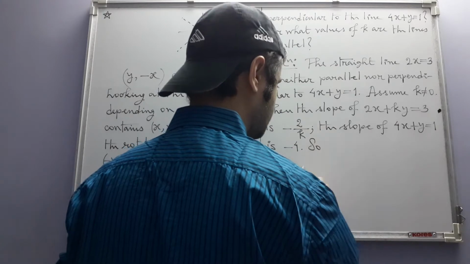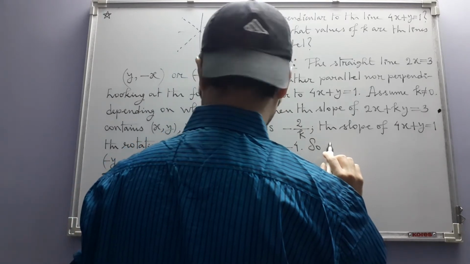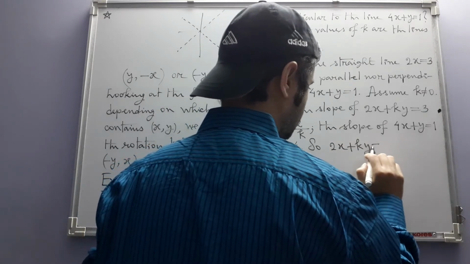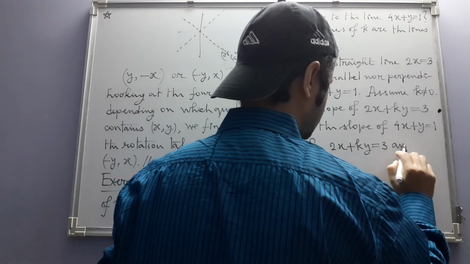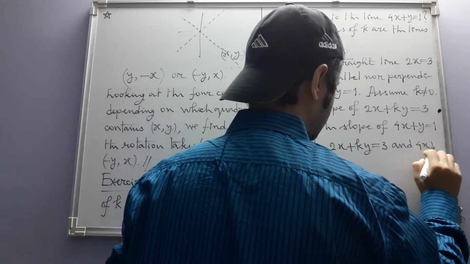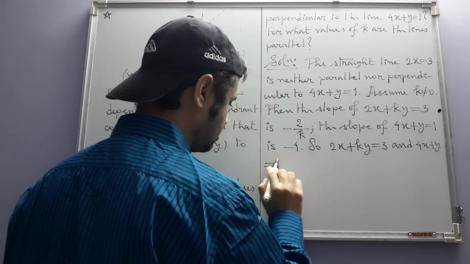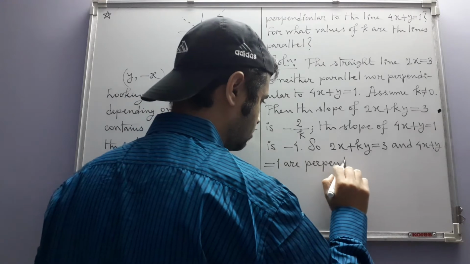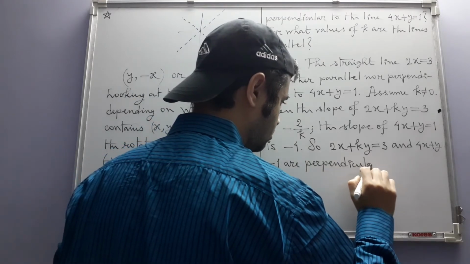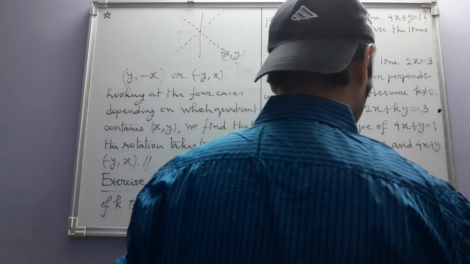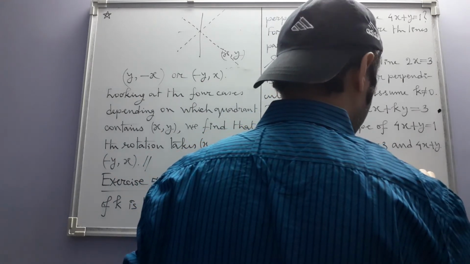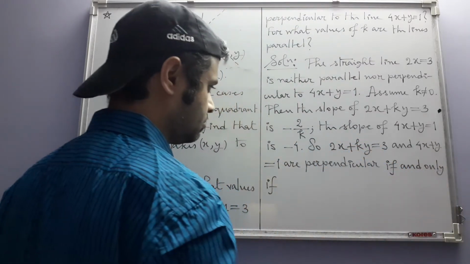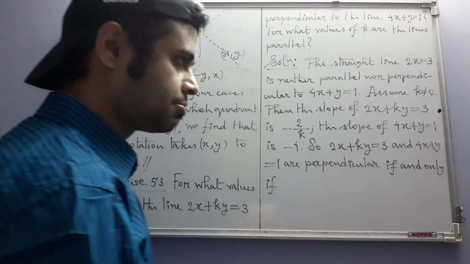So 2x plus ky equal to 3 and 4x plus y equal to 1 are perpendicular to each other if and only if the product of these two slopes is minus 1.